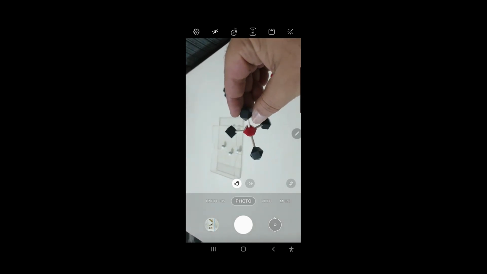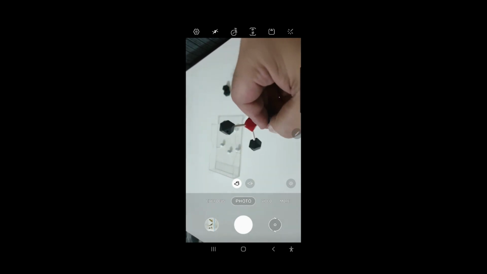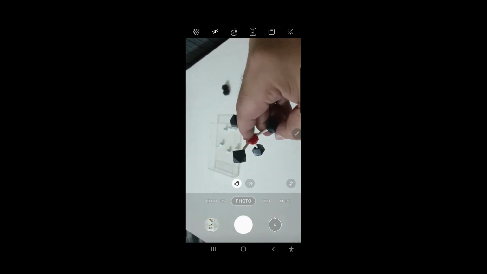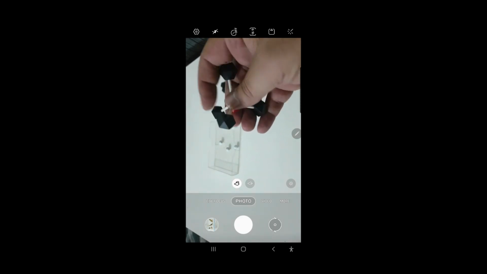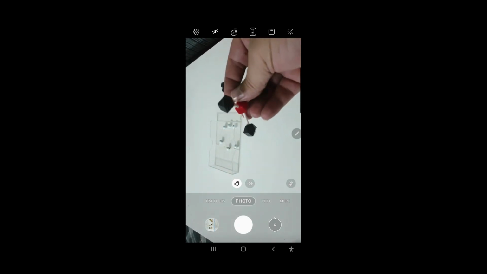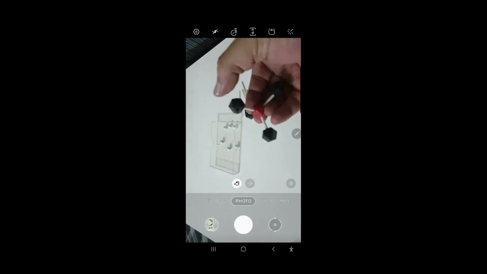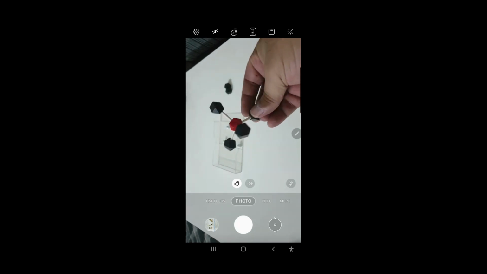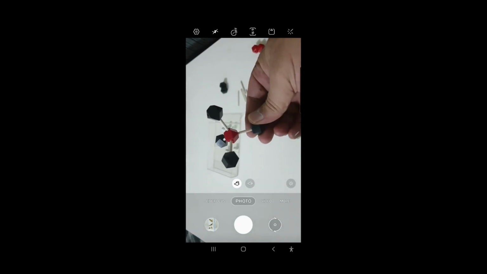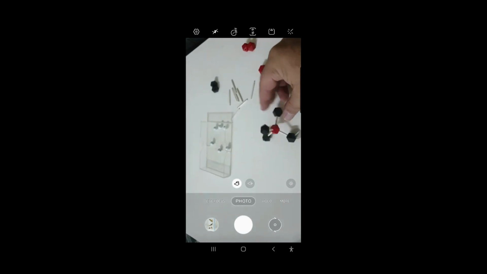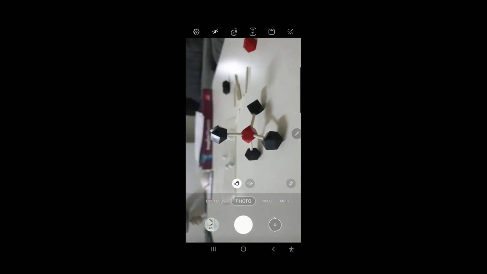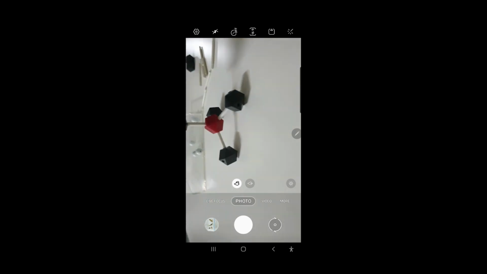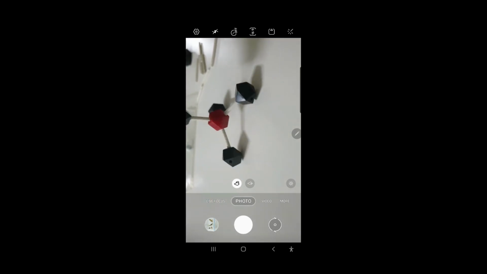So if you have a general formula with A, which is the central atom here, with 4 atoms around the central atom, you will have a tetrahedral shape, which is this shape as you can see here. So this is the tetrahedral.